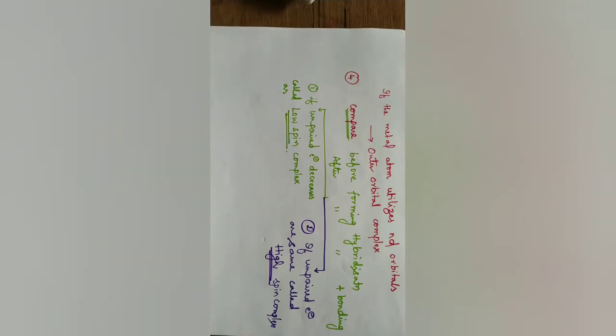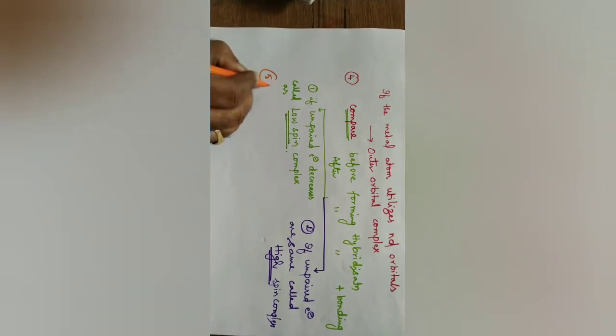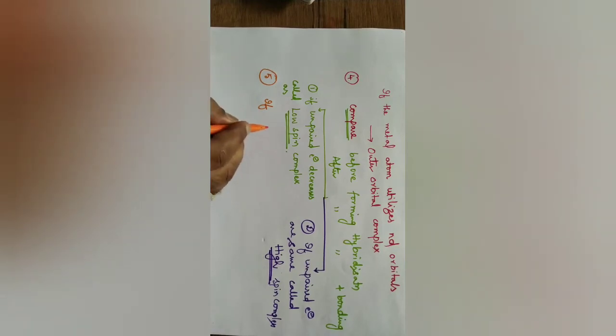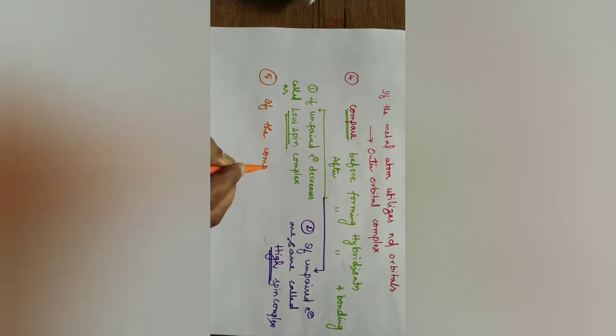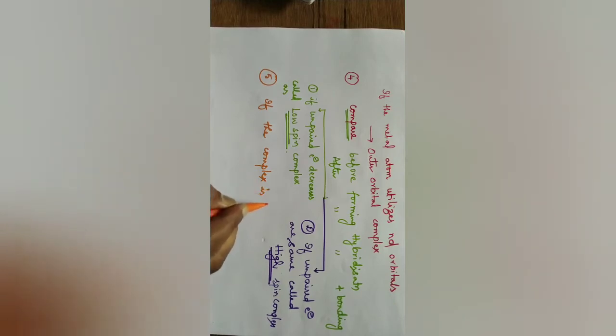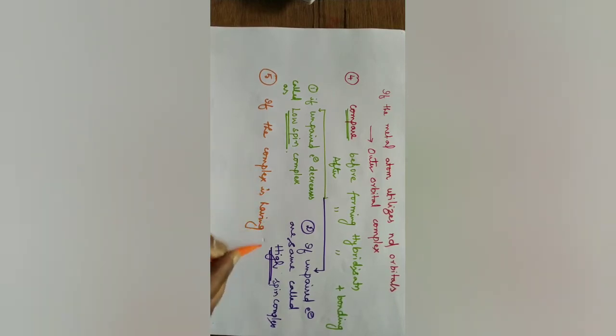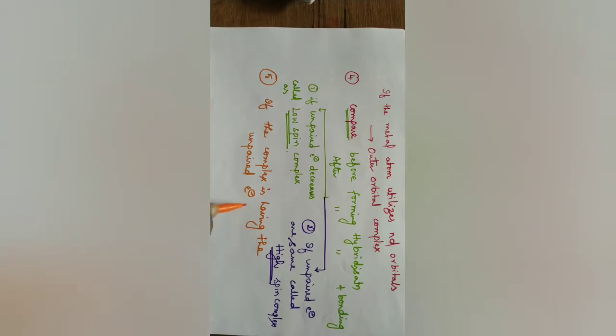The next point is, if the complex has unpaired electrons, you call it a paramagnetic complex.